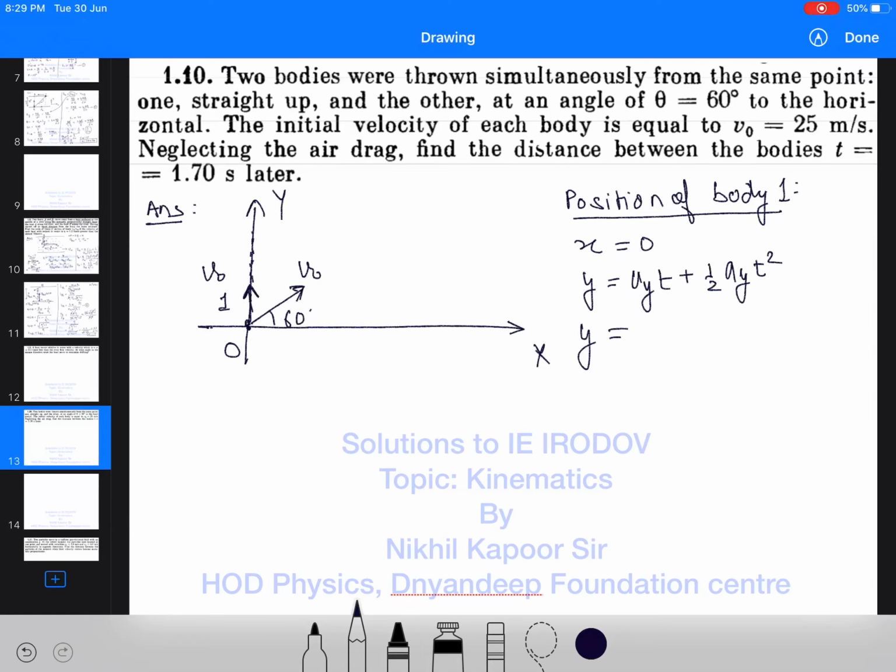So y will be equal to v naught into time, 1.7, minus, because the value of g is negative, half into 9.8, or I will round it to 10 as per our requirement, into t square, which is 1.7 square. So the y coordinate will be equal to 25 into 1.7.